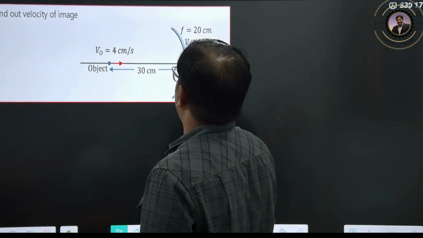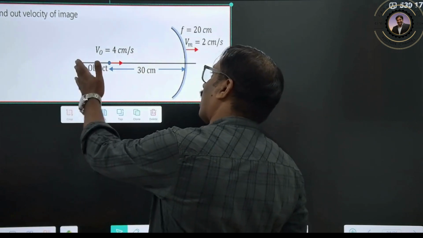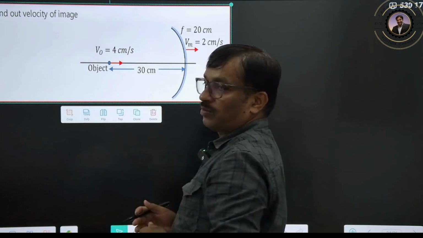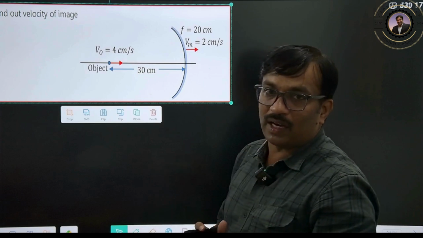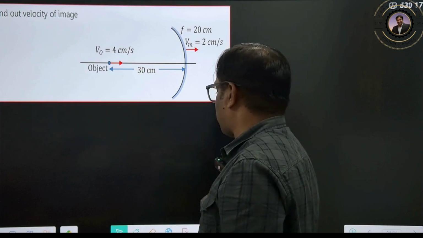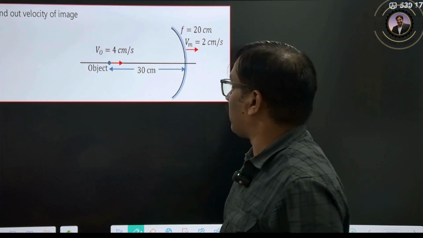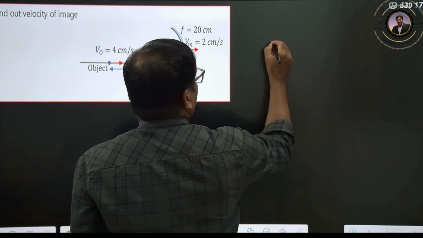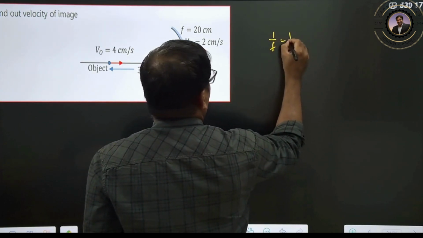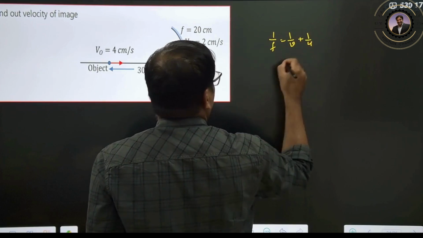of the image. Here both are moving. Object is moving, mirror is also moving. First of all let us see, what will be the relation between velocity of the object and velocity of the image? What can you write now? See here. 1 by focal length is equal to 1 by v plus 1 by u. So do the differentiation now.